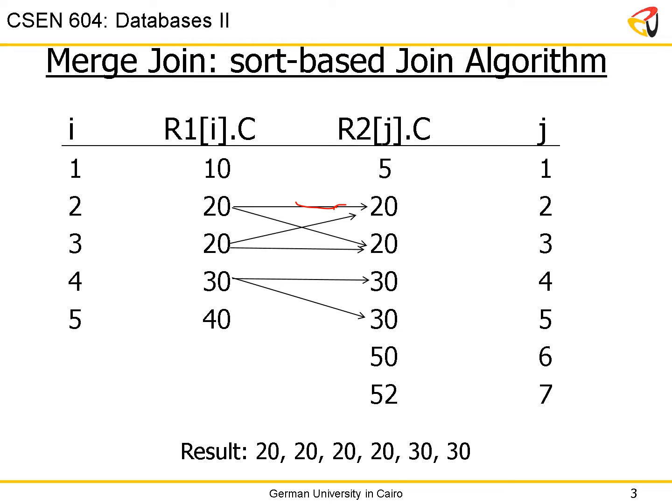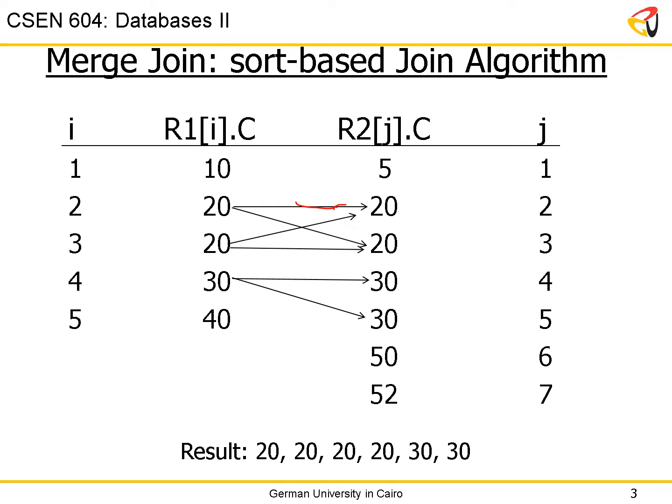Now, the technique we're actually going to look at today is called merge join, which is the second technique we look at in terms of joining two relations. What this technique does is try to be a little bit smarter working with the two columns involved in the join.